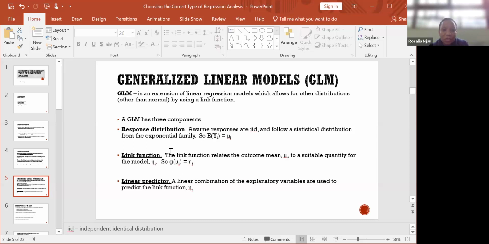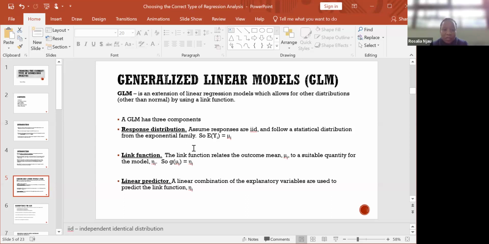a response distribution, which means that it assumes responses are IIDs, identical independent distribution. And it follows a statistical distribution from the exponential family.